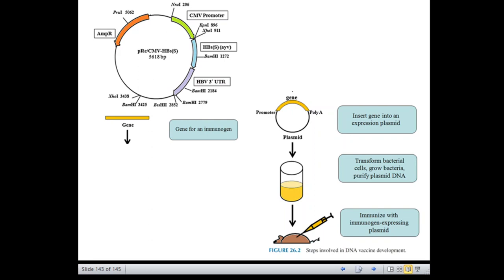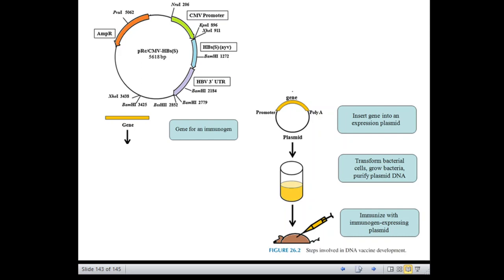If you look at the construction of DNA vaccines, as I said earlier, DNA vaccines are composed of bacterial plasmids, and expression plasmids used in DNA based vaccination normally contain two units.